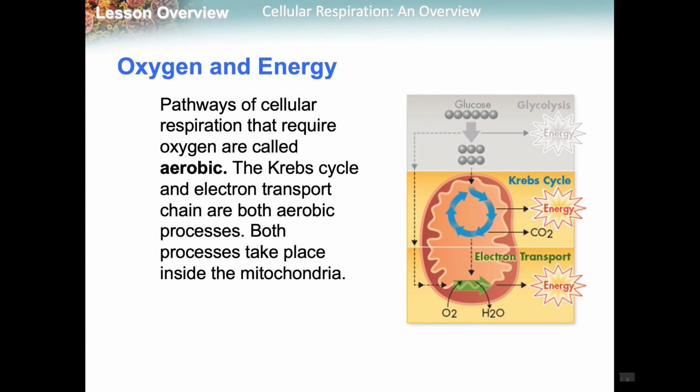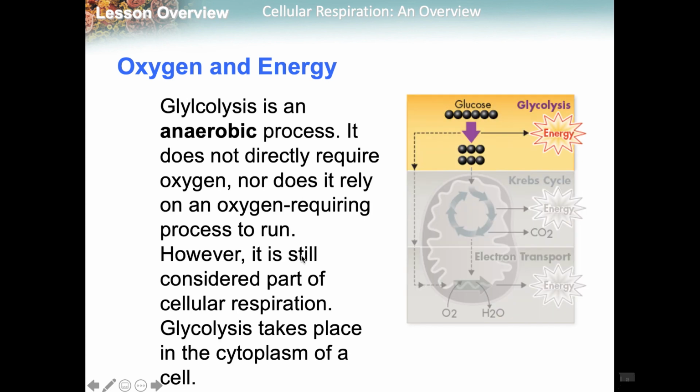So Krebs cycle and the electron transport chain both take place in the mitochondria, and they both require oxygen. So they're both aerobic. Glycolysis is anaerobic. Remember, anaerobic means it does not require oxygen. So glycolysis happens in the cytoplasm of the cell, which is like the jello portion of the cell. So it's out of the mitochondria and it's anaerobic.